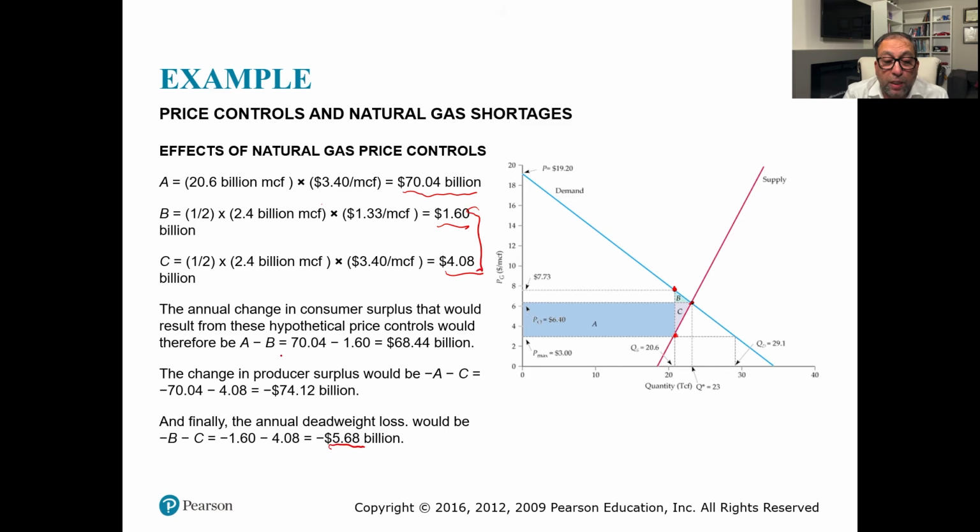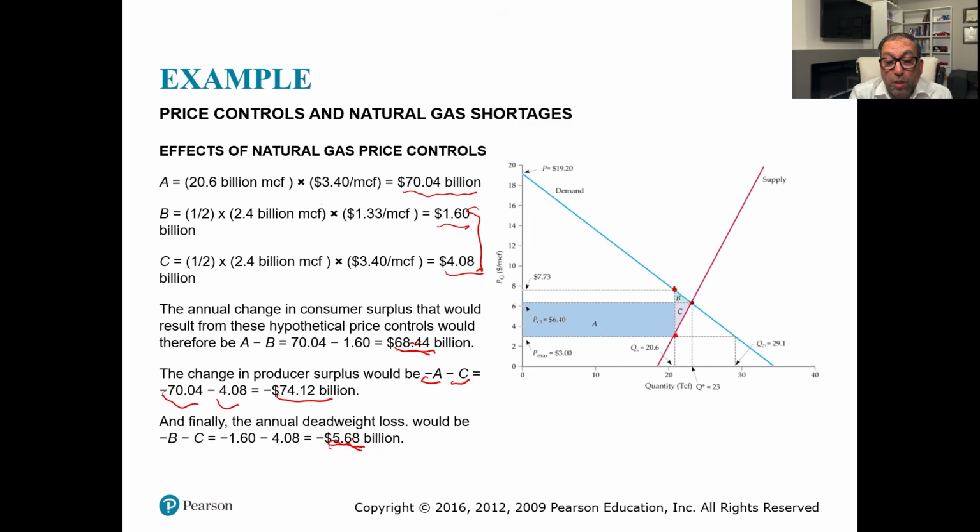The annual change in consumer surplus that results from this hypothetical price control would therefore be A minus B. A is the total gain and B is the loss, so we subtract. This is a gain to the consumer. What is the loss to the producer? Minus A plus C, so minus 70 minus 4, so 74. If we find the difference of these two, we get 5.68.